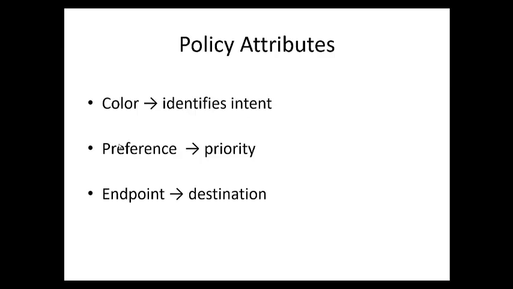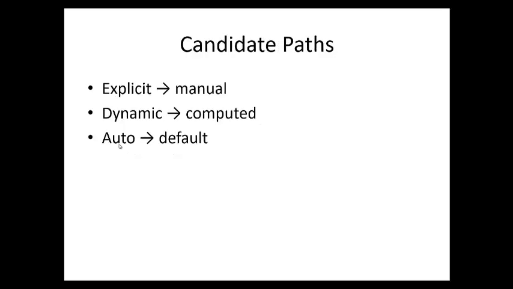So preference is priority, we know. Endpoint is nothing but the destination. Okay, the path, three ways. One is the default, auto, for example shortest path. That is a dynamic path, which is also auto.